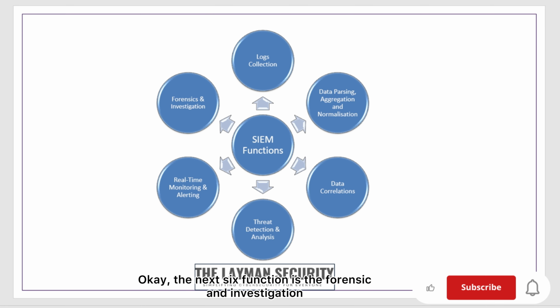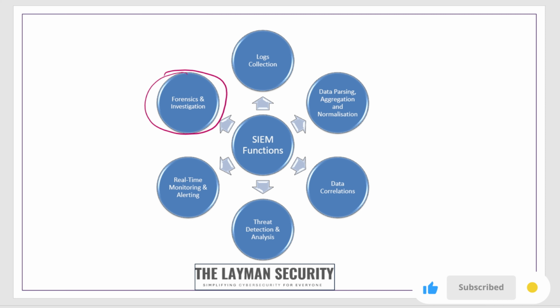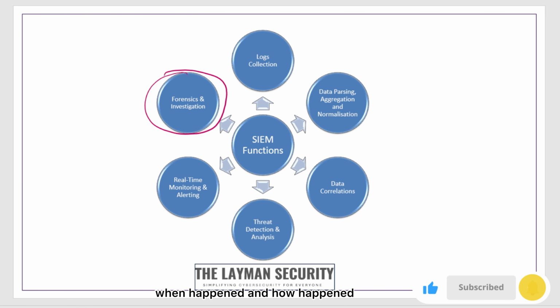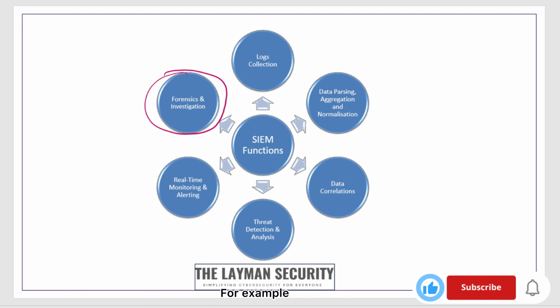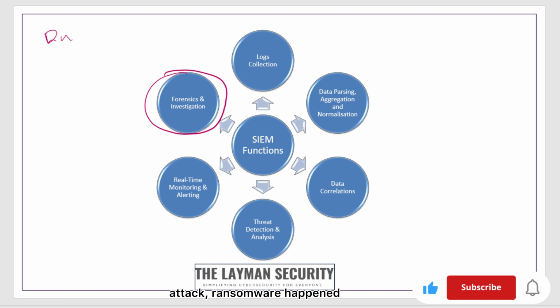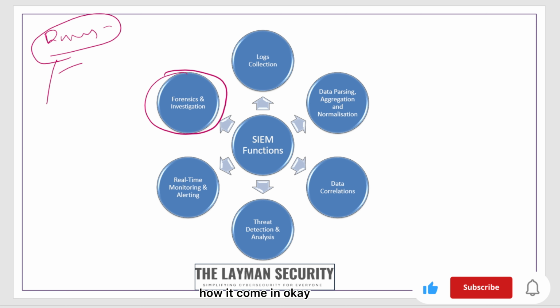Okay, the sixth function is forensics and investigation. When a security incident happens, SIEM helps in tracking everything: what happened, when it happened, and how it happened. For example, if there is a ransomware attack in your organization, you can use the SIEM to trace the entire attack: how it came in, which user got affected, and what files were touched.